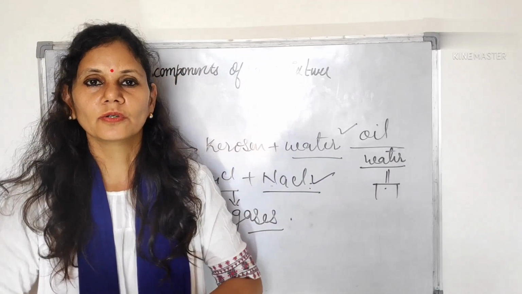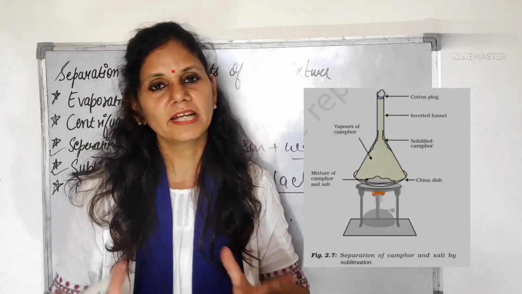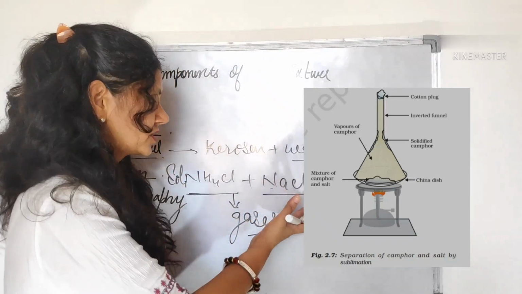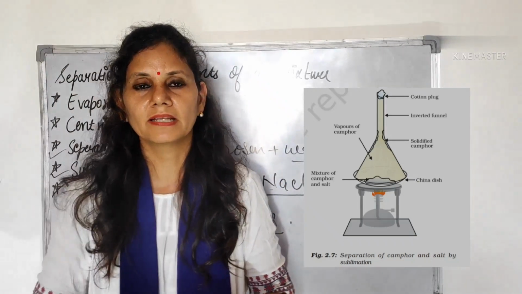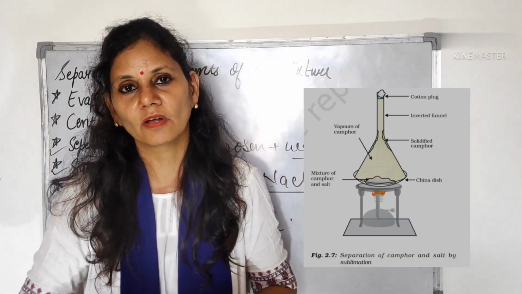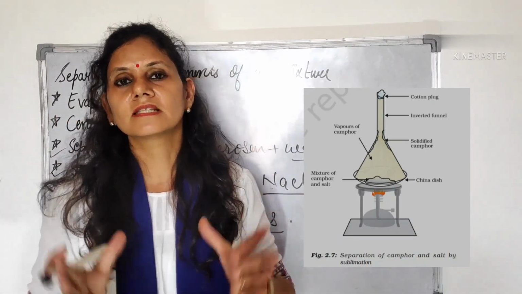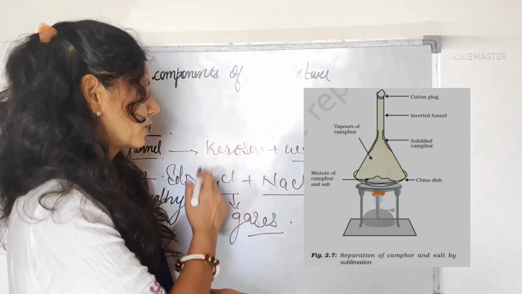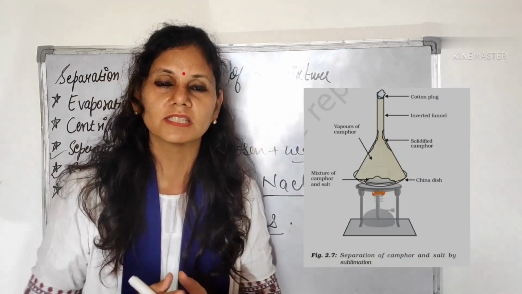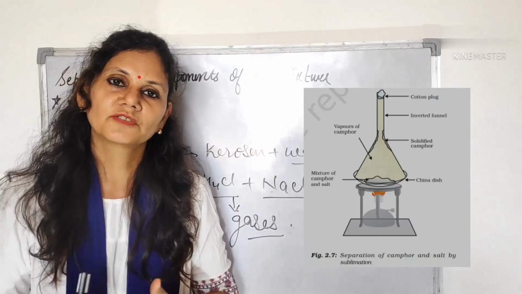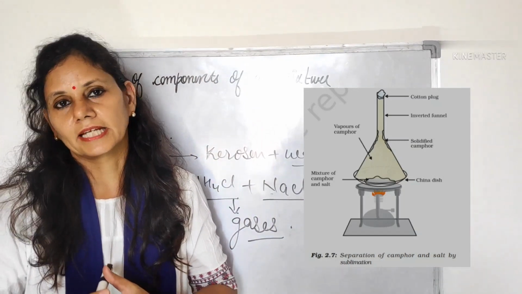In this technique we use a porcelain dish. In that porcelain dish we take the mixture we want to sublimate, then we place an inverted funnel over it, with a cotton plug, and heat it. Sublimating substances such as ammonium chloride, camphor, naphthalene balls and anthracene change from solid to gaseous form directly.